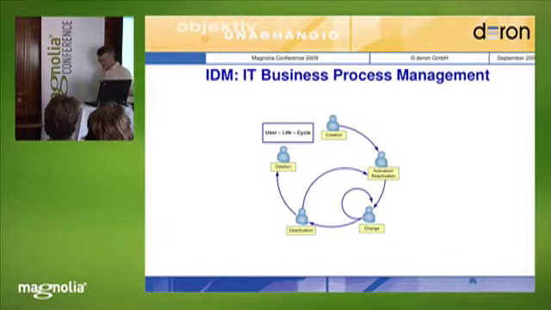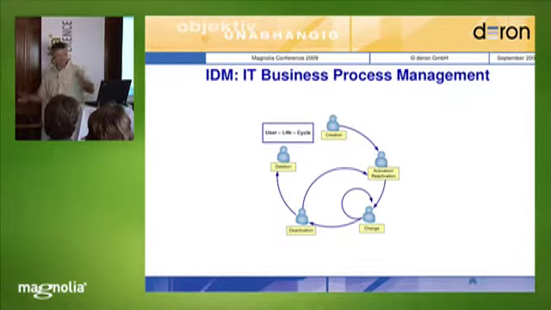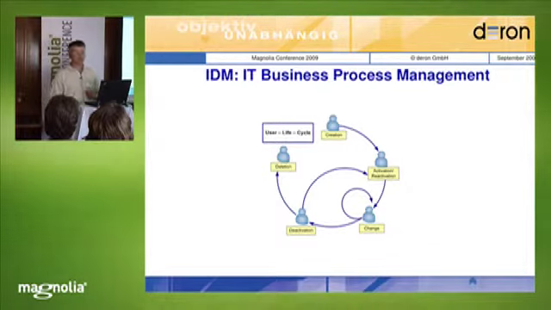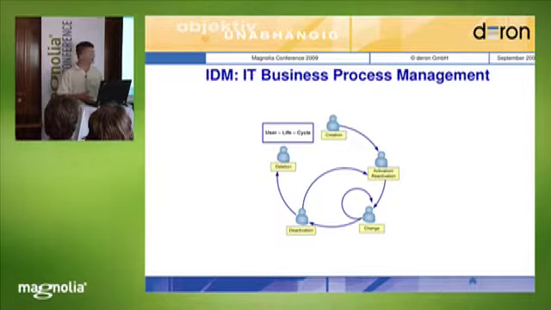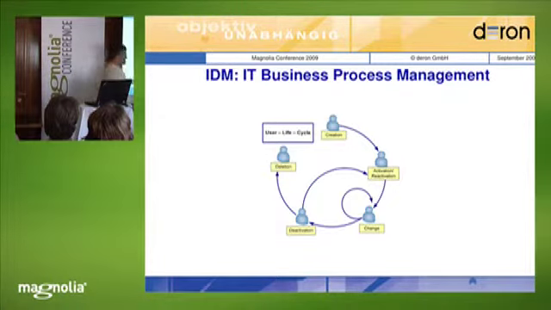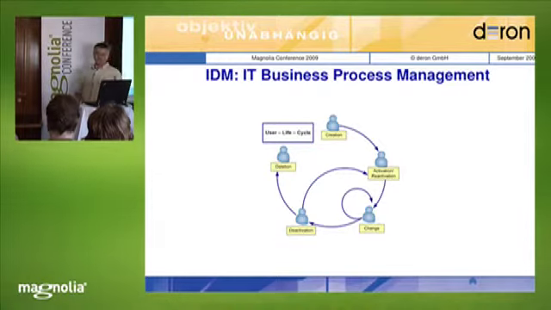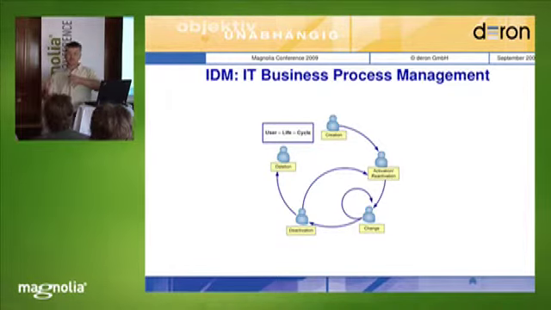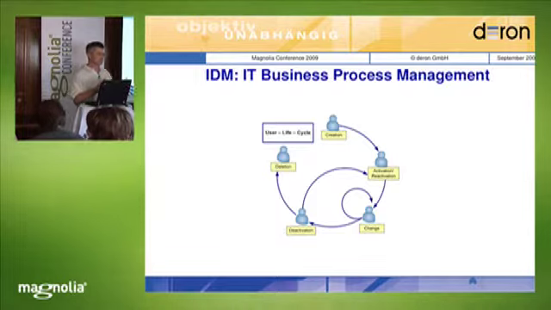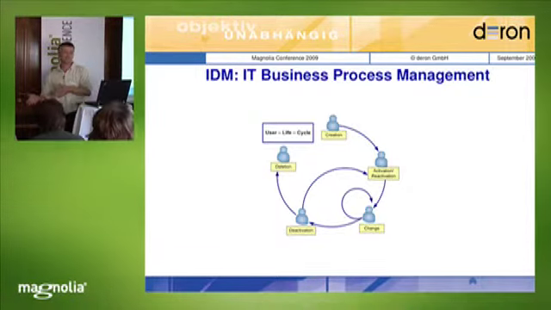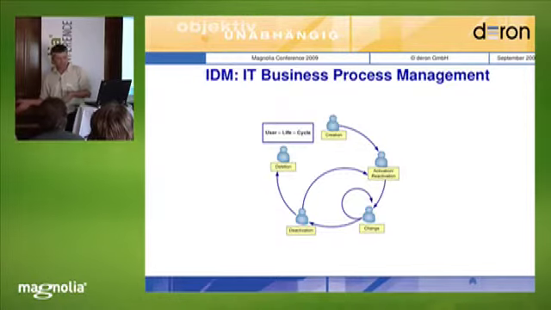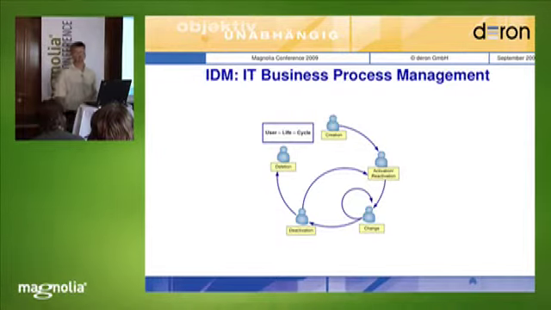But now this guy works for 3 years in this company, and now he changes to a different organization unit. Okay, we have to deal with these changes. For example, maybe he does not need access to the SAP HR system, but maybe he needs access to the Magnolia content management system, because he is in a different organization unit.